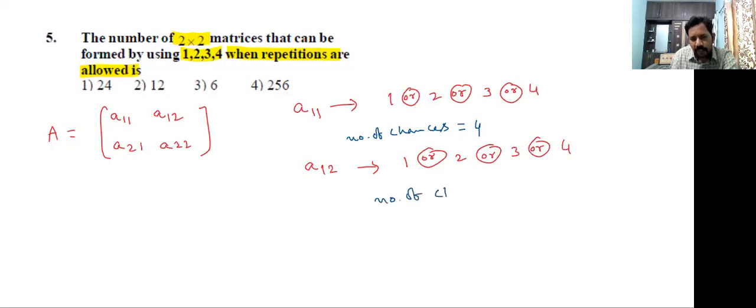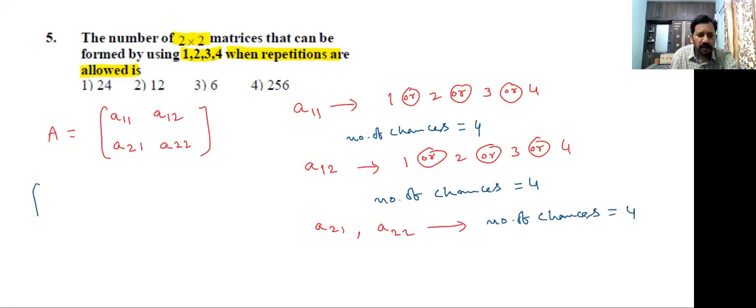Number of chances is equal to 4 only. Similarly, A21, A22 also have how many chances? 4 chances, or not?